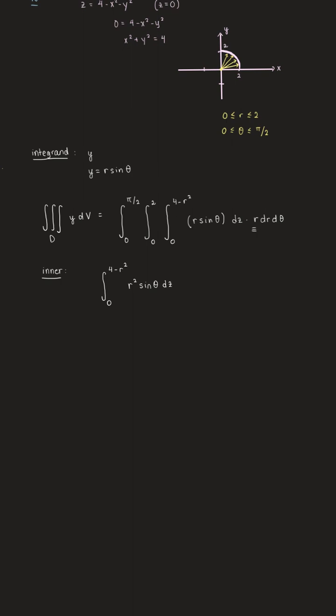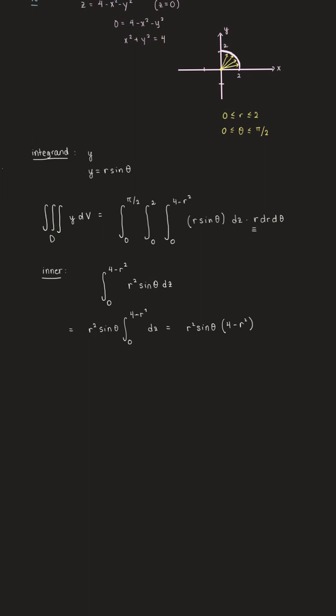But when we integrate with respect to z, we're holding both r and theta constant, so we can actually pull those out of the integral and just integrate 1 dz. So this is going to give us our constant on the outside, r squared sine theta, times 4 minus r squared minus 0.